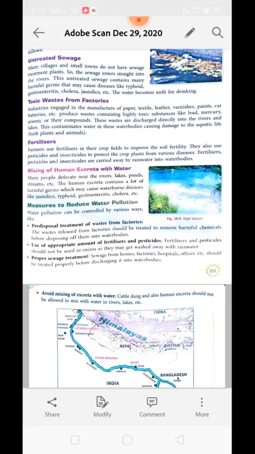These pollutants will make the organisms ill, and if we are eating those organisms like fishes, then obviously these pollutants will transfer from the fish body to our body and make us ill.